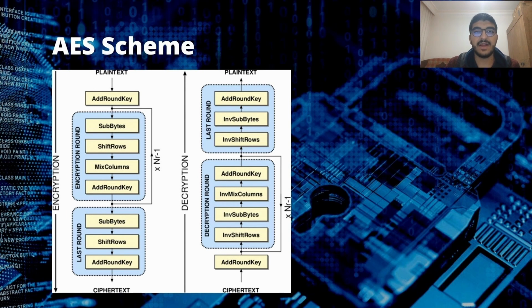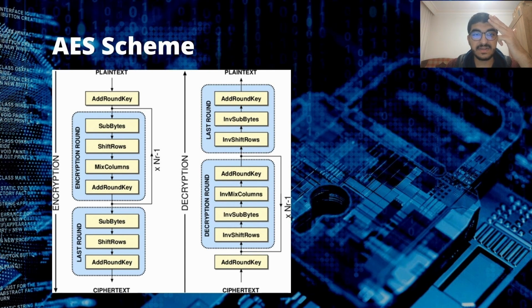In this step, we are using round key 0, and we are XORing the plaintext and the round key together. Then we start to iterate this cipher, which means we start with substitution bytes, then we apply the shift rows operation, then the mix columns operation, and then the add round key operation.